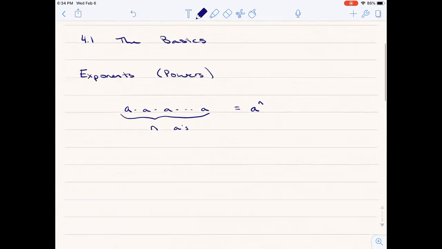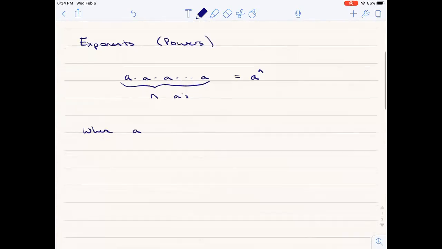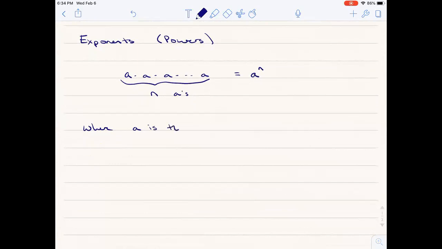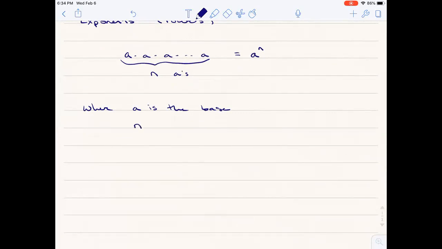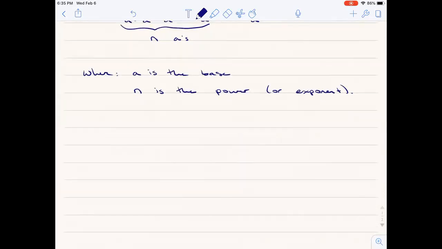And I'll just define some things here where a is the base and n is the power or exponent. So just to reiterate, a to the power of n is n a's multiplied together.